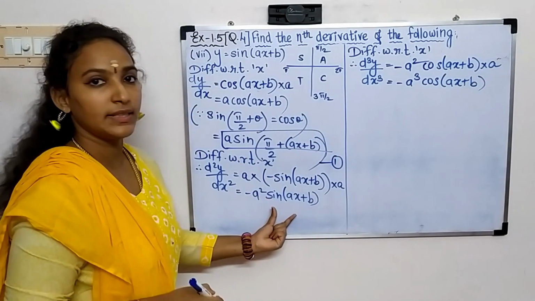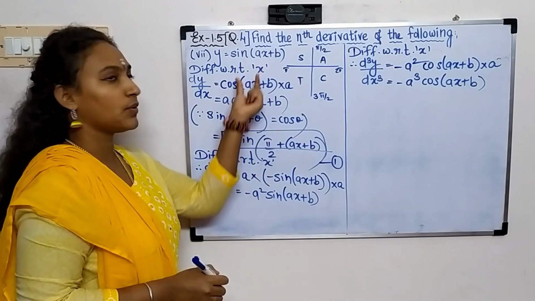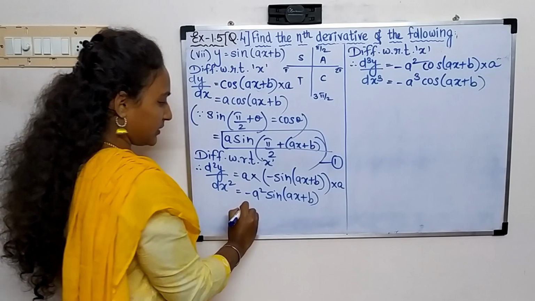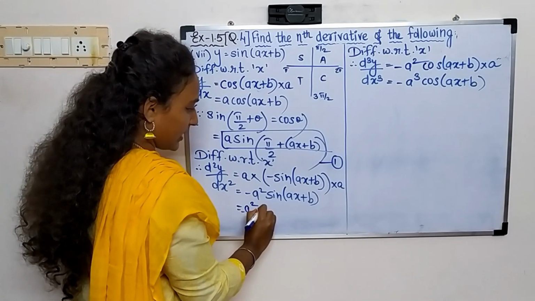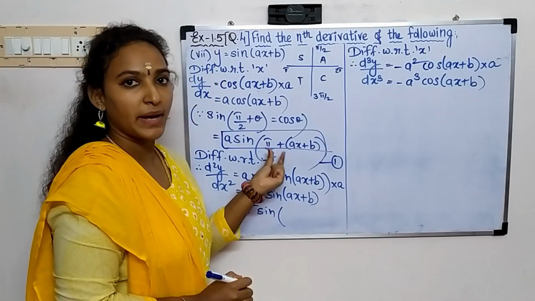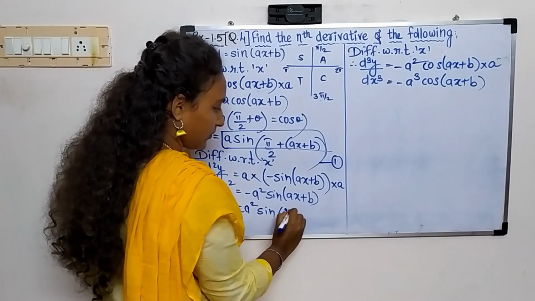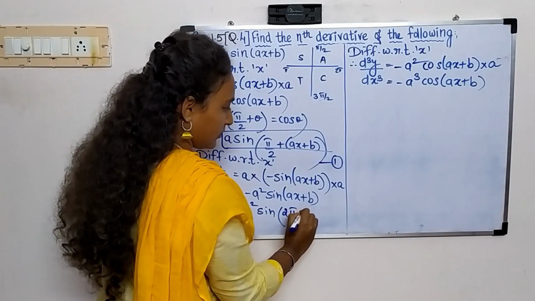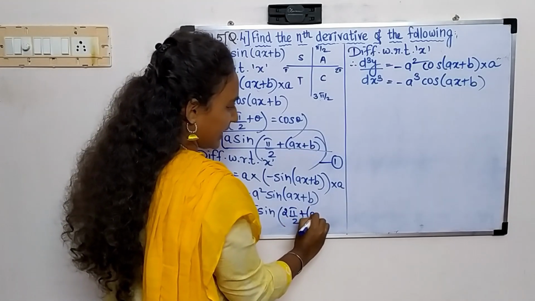Now let us convert this. We have a minus sign over here, but we require only positive terms. So a square minus a square sine. Since the first one was pi by 2, this should be 2 pi by 2, plus ax plus b.